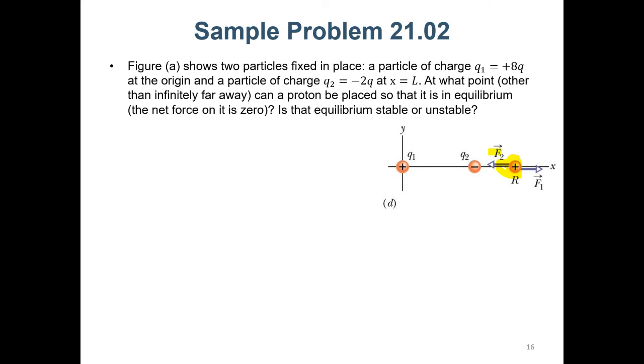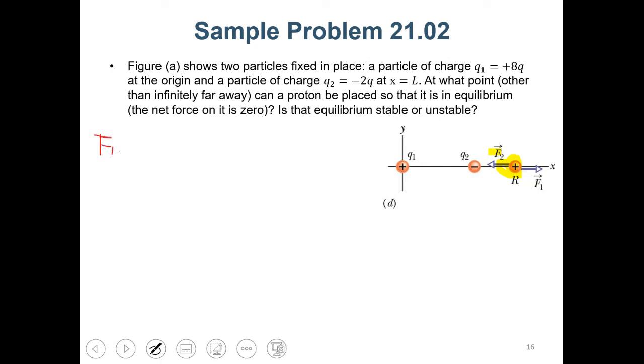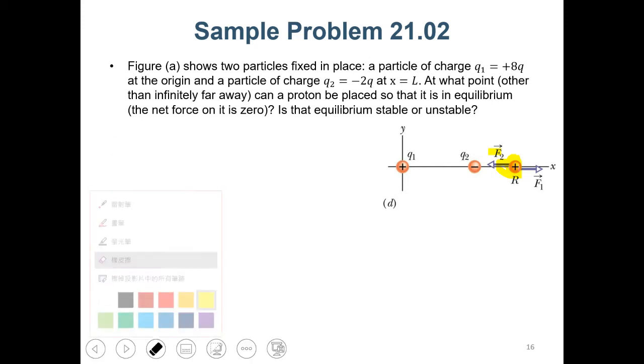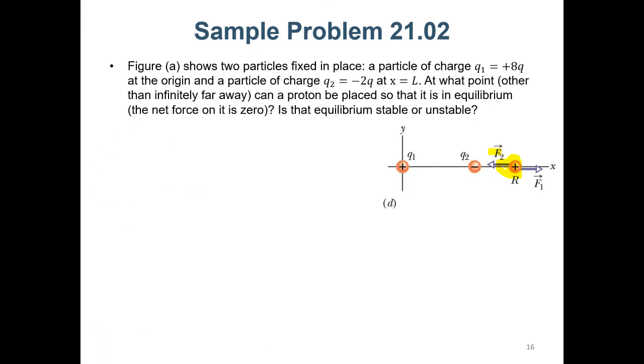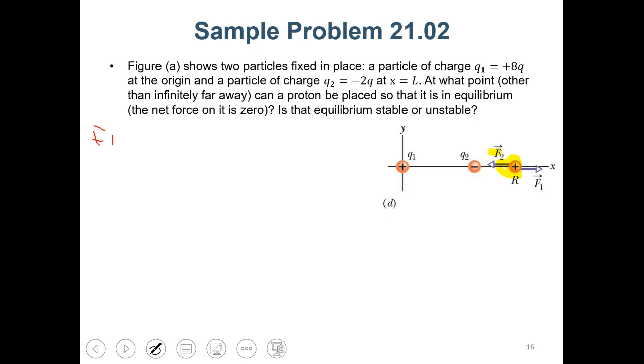So, F1 net is nothing but, no, sorry. We can just write it like this. We can just write the magnitude of F1 is equal to F2, because we have argued that they should have opposite directions.